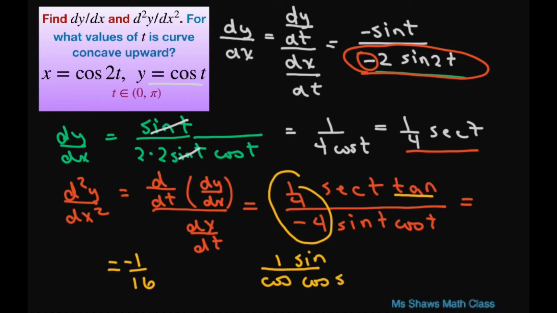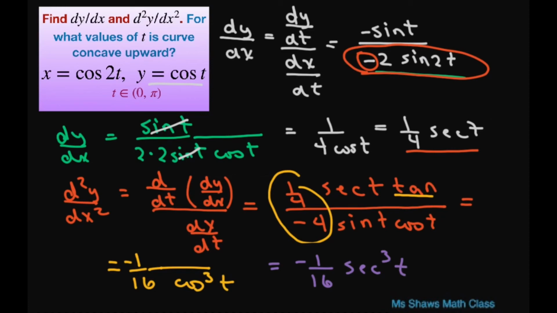Then we have sine and cosine. Real quick, I'm just doing this so the signs cancel. So this is just going to be divided by cosine cube of t. All right, just want to make sure I did it right. Now I can rewrite this as negative 1 divided by 16 secant cube of t.